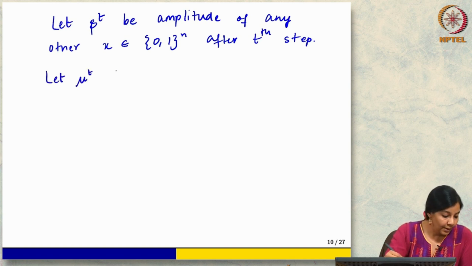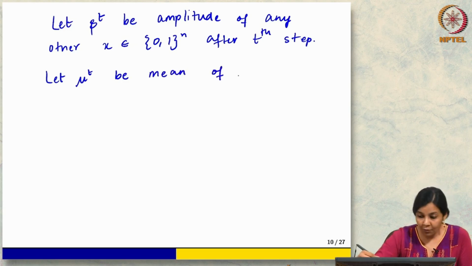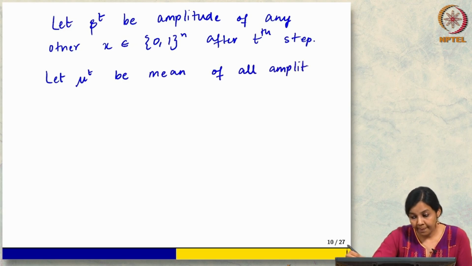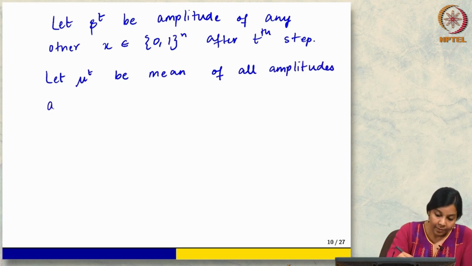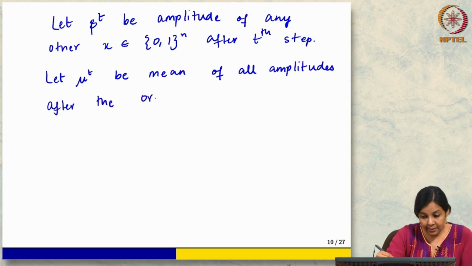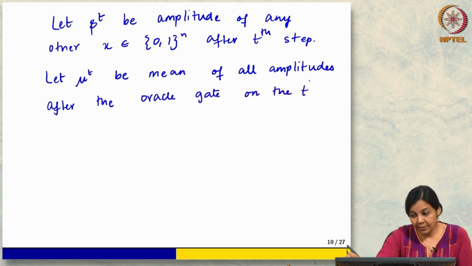And let mu t be the mean of all amplitudes after the oracle gate on the tth step.